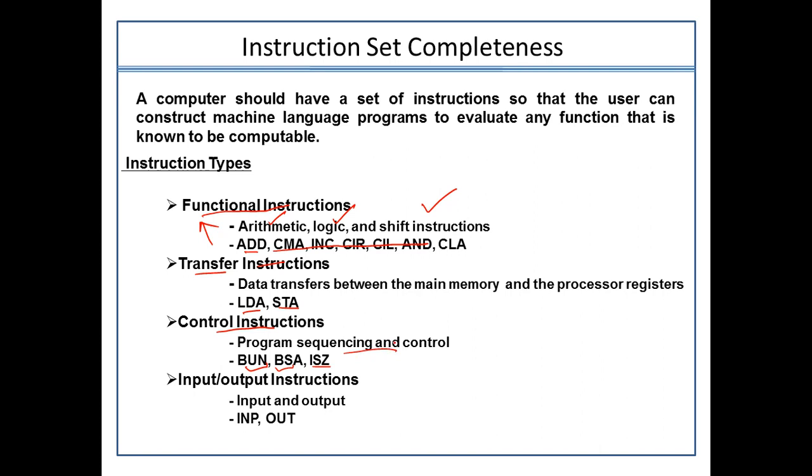These are called control instructions within the basic computer. Input output instructions are those which provide input and output. All these things I am denoting here, ADD, CMA, INC, LDA, are the RTL notations of the instructions.